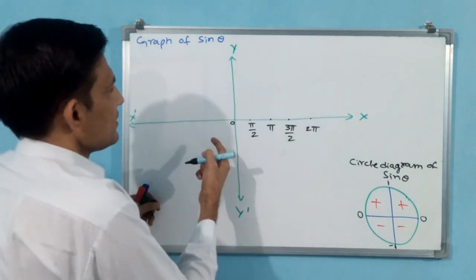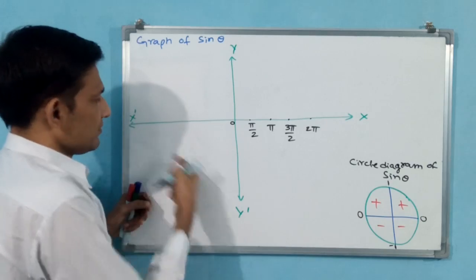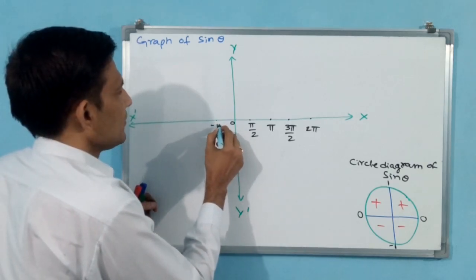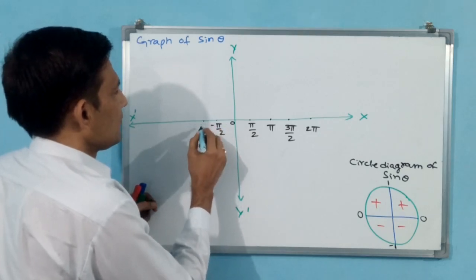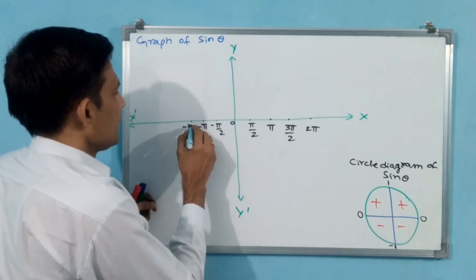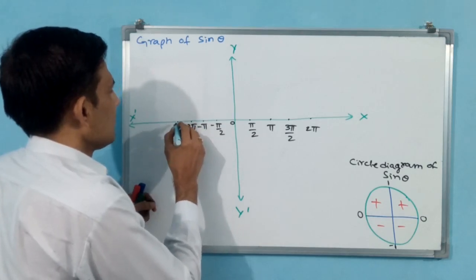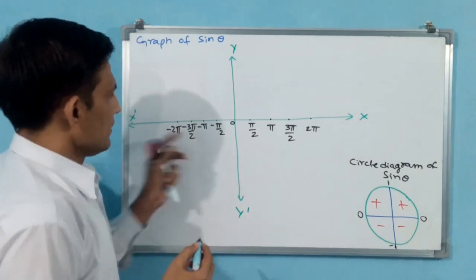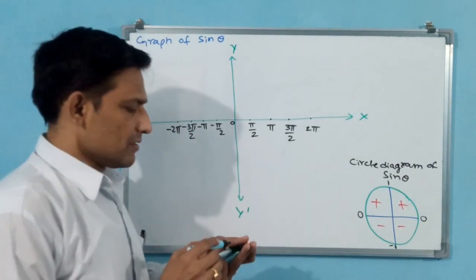Now on this side also, the negative side: minus pi by 2, minus pi, minus 3 pi by 2, minus 2 pi.